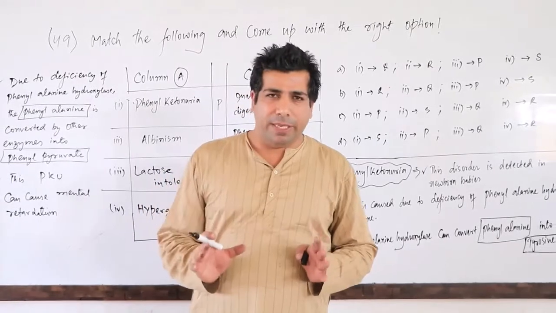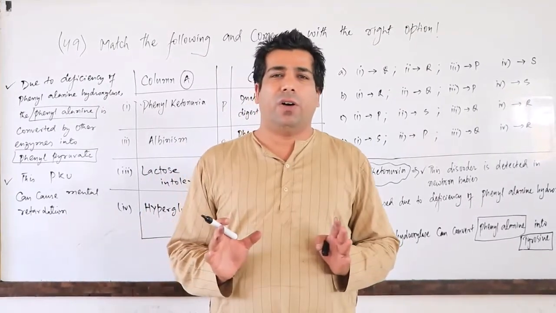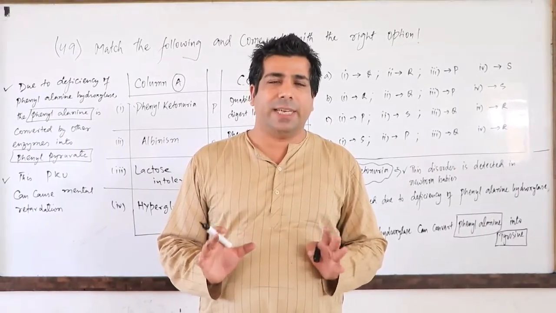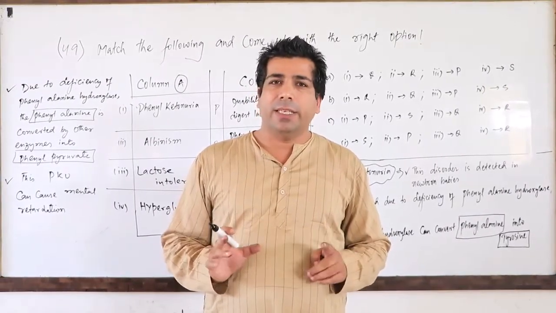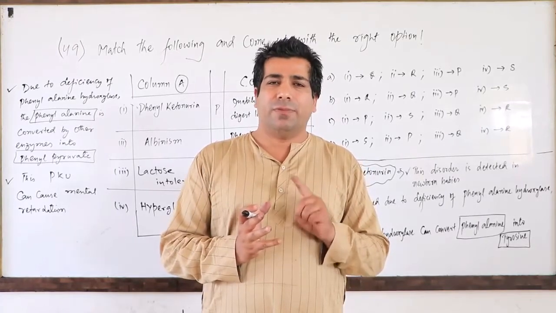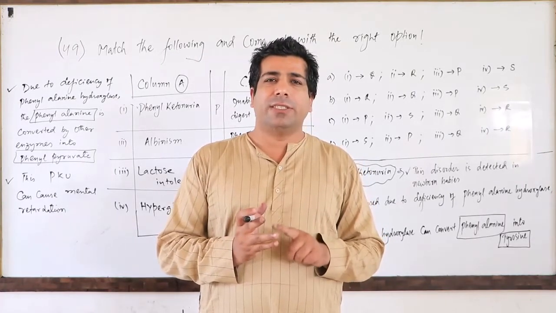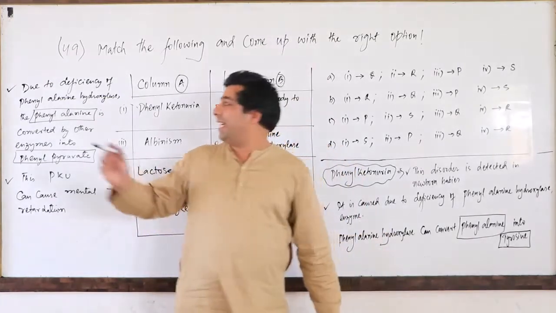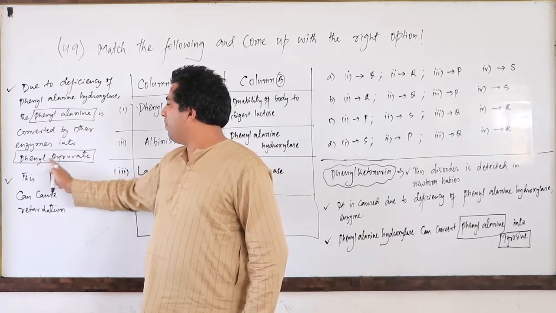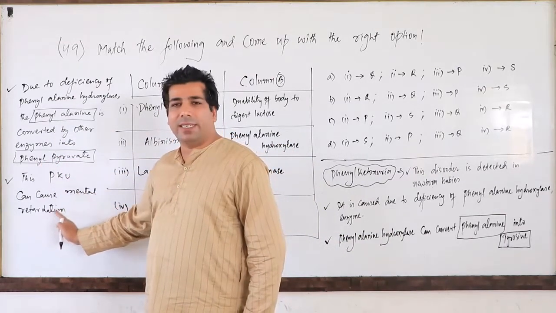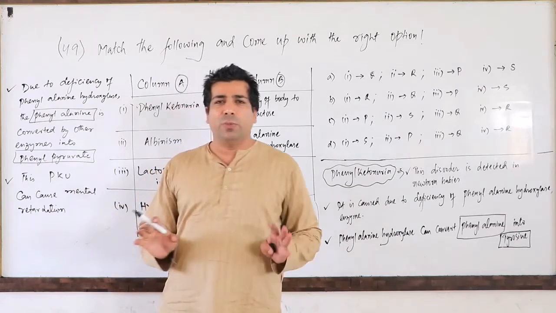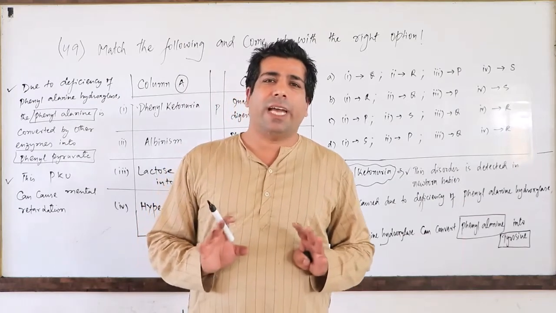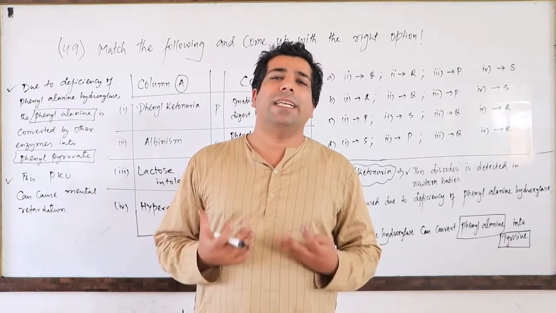If newborn babies have the deficiency of the enzyme phenylalanine hydroxylase, then you should give that food to the babies which does not contain phenylalanine, because otherwise this phenylalanine will be converted into phenylpyruvate and that will cause the mental retardation. So the newborn babies should be given that diet which is not having phenylalanine in it.